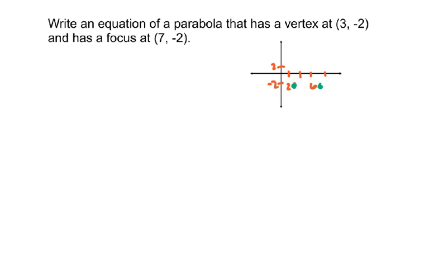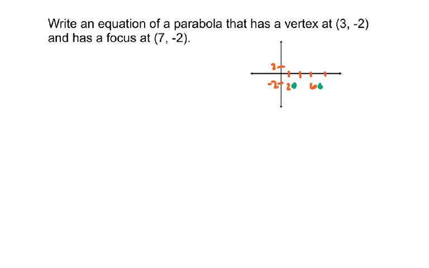So if the vertex and the focus are on the same horizontal line, then this has to be a y squared type of equation. The vertex and the focus are 4 units apart on the x-axis, which means the directrix should be 4 units to the left of the vertex.